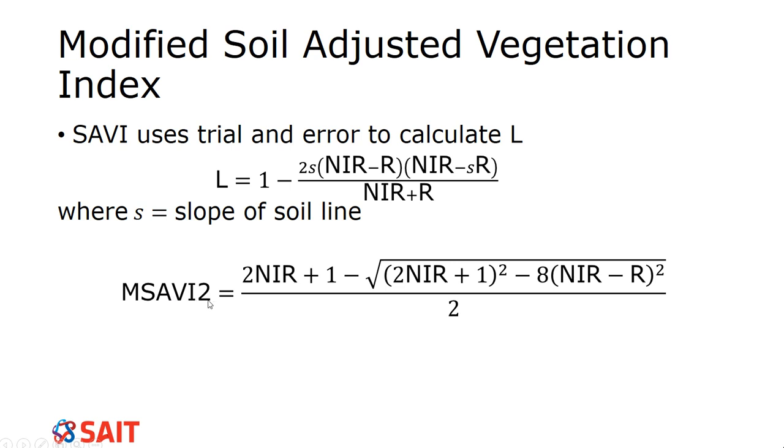So now the MSAVI2, which is the second way of doing it, they just created this formula for MODIS. So if you are using MODIS and you want to do the MSAVI calculation, and it has the same benefits as the regular SAVI, then you would use this formula at the bottom here because it's already created.